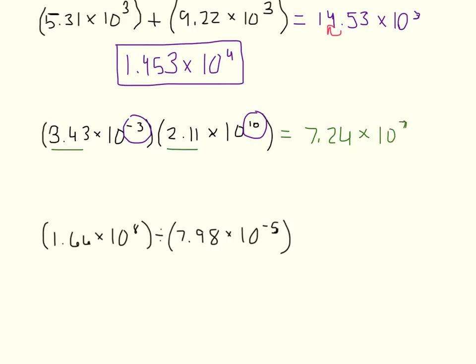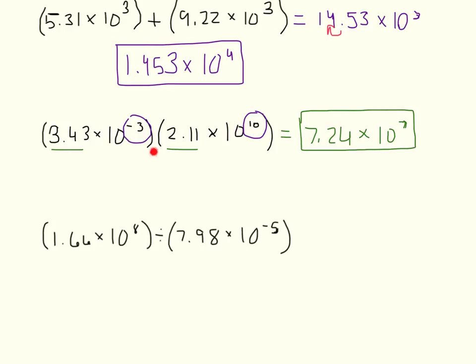Now that whole thing, whenever you multiply, you add the exponents, is just something you have to memorize. It goes back to your basic algebra knowledge of what to do with exponents when you're multiplying numbers. And remember, it only works when your base is the same. And for scientific notation, it works every time because your base is always 10.